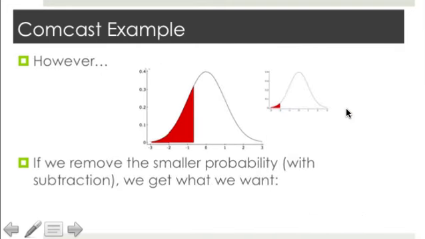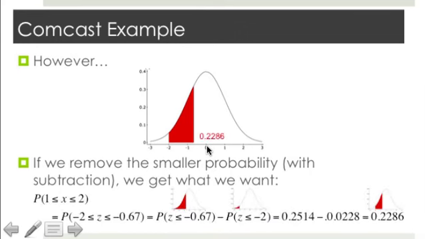However, let's take a look at what's really happening here. If I take the z-score over here that takes all of this area right here, and we simply remove the smaller probability from that, or subtract it, we get this. We just pull off that area, then we actually get the area that we're actually interested in, and therefore the probability that we want.